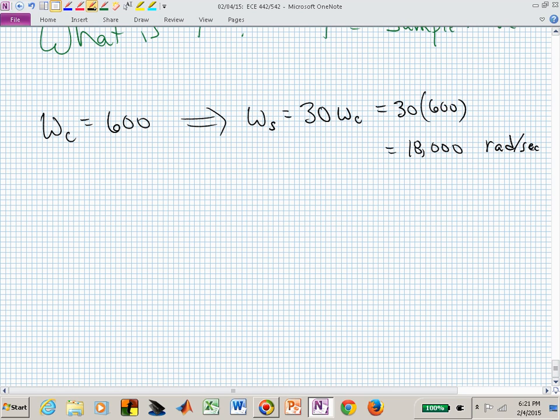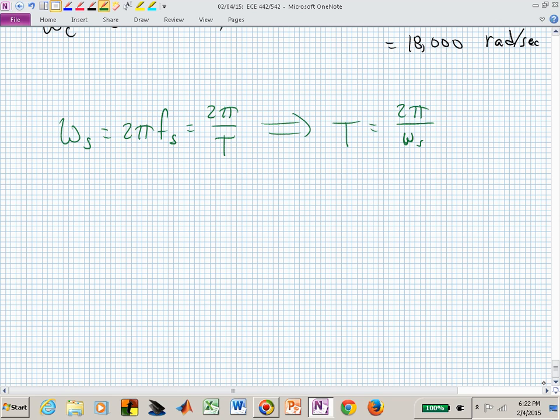And we can relate that omega sub s to our sample period. Solving for that, capital T is 2 pi over omega sub s. And you know what I'm going to do next.